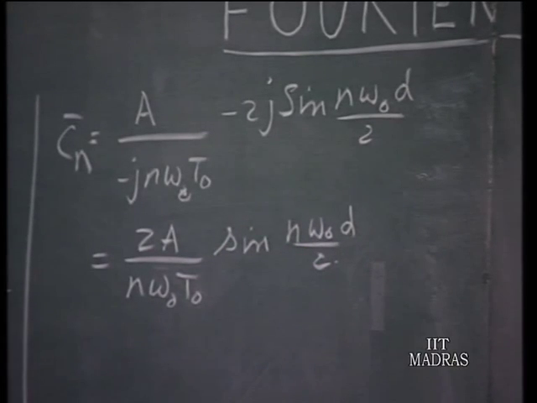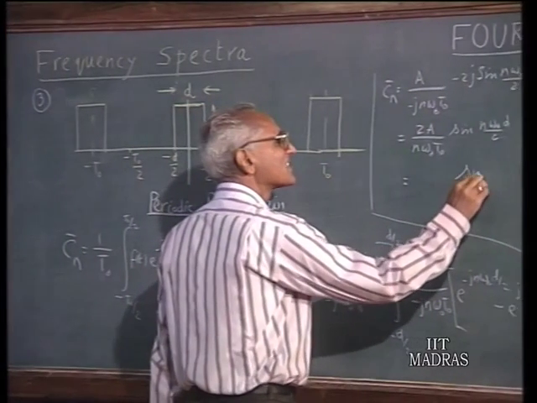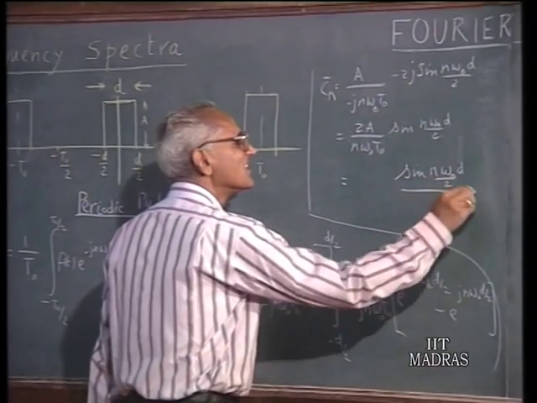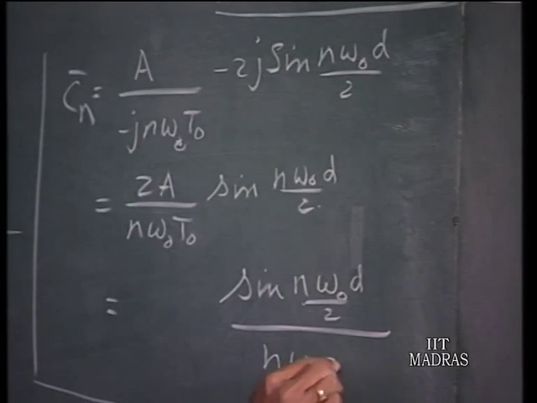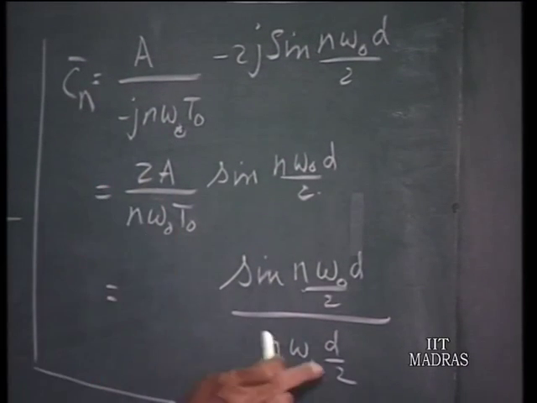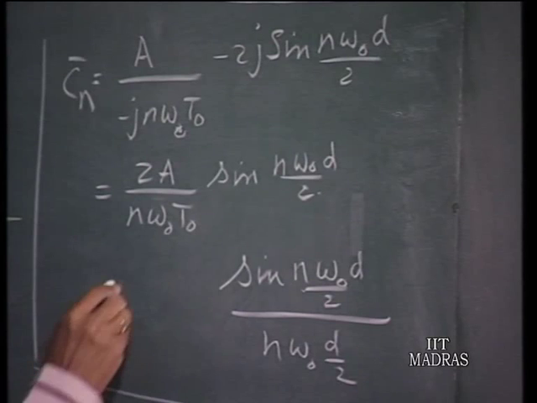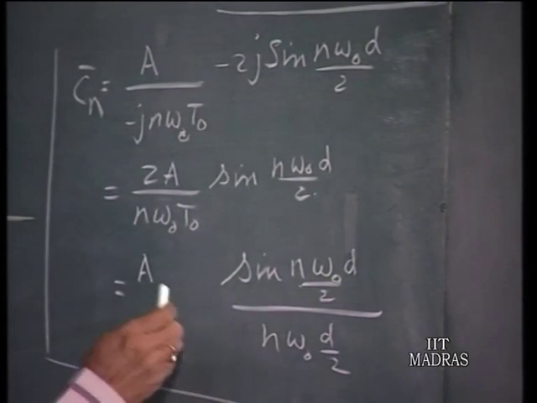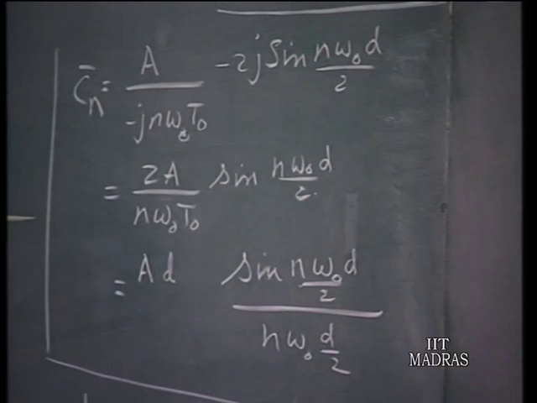I will write this in a slightly different fashion. Suppose I write this sin of n omega naught d upon 2, and I establish a denominator n omega naught d upon 2. So this 2 is taken over here, so A remains, and since I introduced a d in the denominator, I put a d in the numerator.